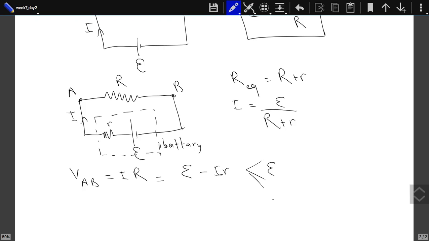So if you buy a 1.5 volt battery, put it in a circuit and measure the potential across your battery, you will not be able to measure 1.5 volts. You will be measuring something smaller. If you remove the battery from the circuit and connect it to a voltmeter, which allows you to measure potential differences, it will read 1.5 volts. But when you connect it to a circuit, it will read less than 1.5 volts.